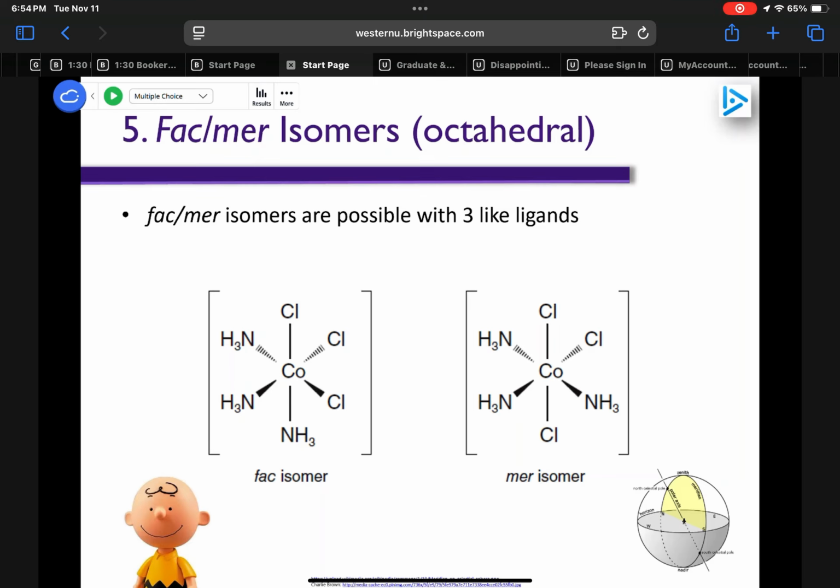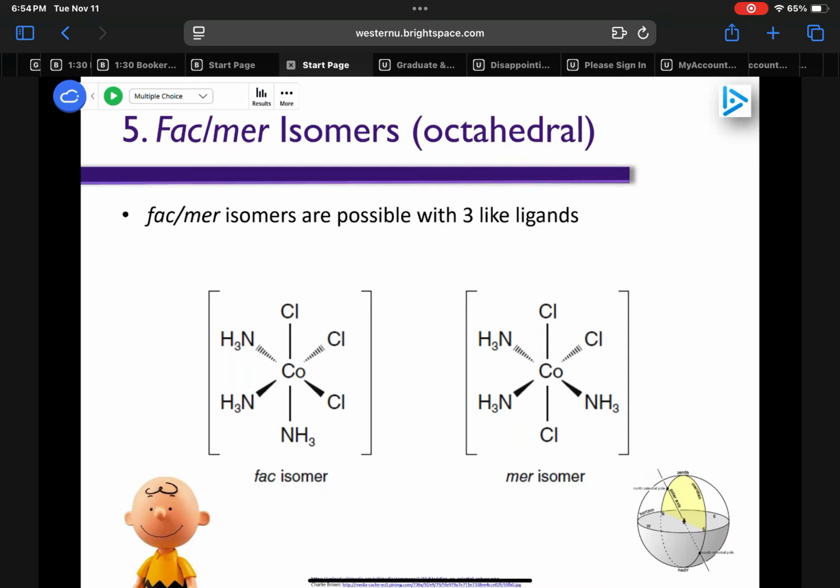The other option is if I take one of these and put it such that they're no longer on a plane. 2 of them can be on a plane, but one of them is not. This one is called the fac isomer, or the face isomer. This one you can imagine is like popping out towards you.